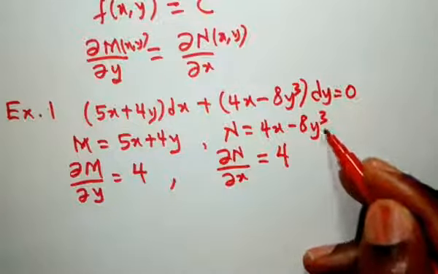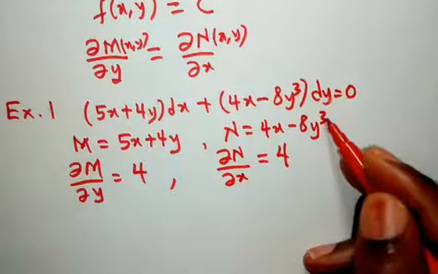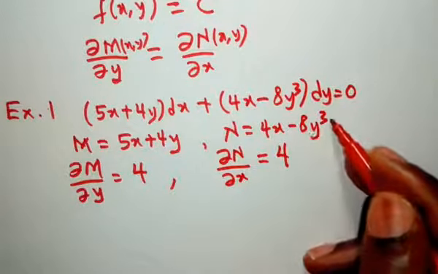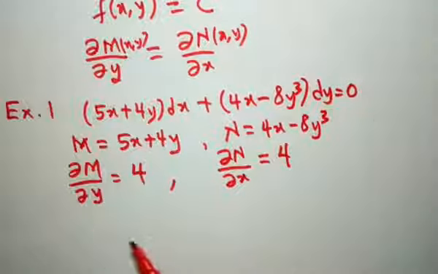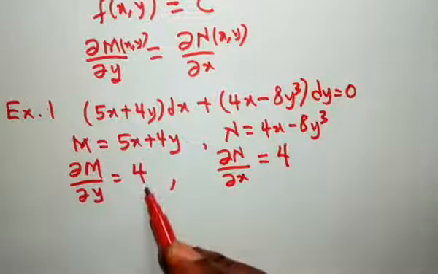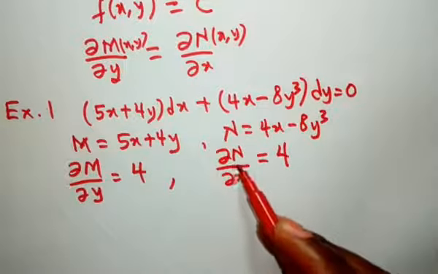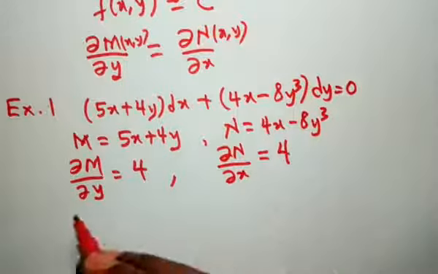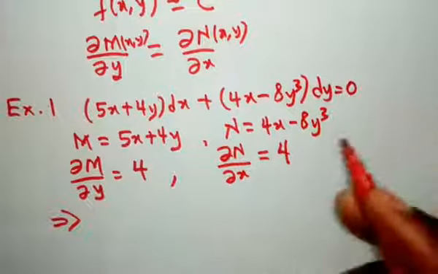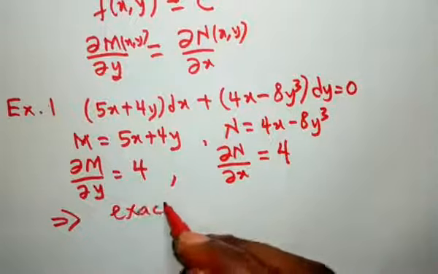And then this minus 8y cubed, we treat this as a constant, so differentiating a constant with respect to x gives 0. So partial M partial y equals 4, which is the same thing as the partial derivative of N with respect to x. So it implies that this equation is exact.